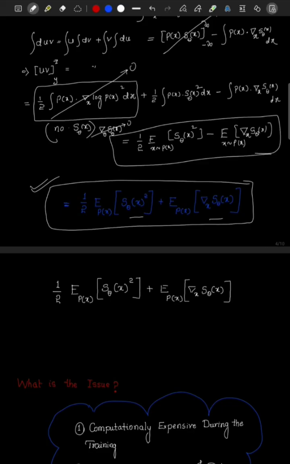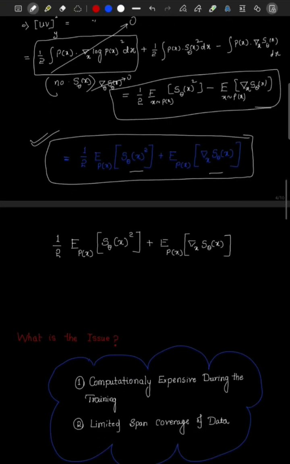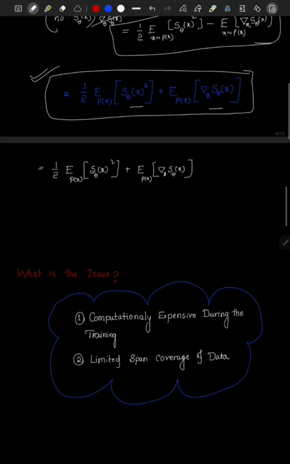So in the optimal case, both of these terms need to be 0. This term needs to be 0 and this term needs to be 0. What does it signify? The gradient of s theta of x with respect to x equal to 0 means it is some sort of local minima or local optimal setup. So s theta of x is a function, and its gradient with respect to x being 0 is the local minima or local optimal point.